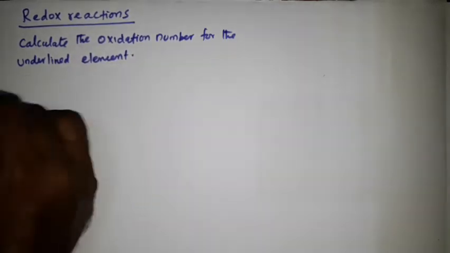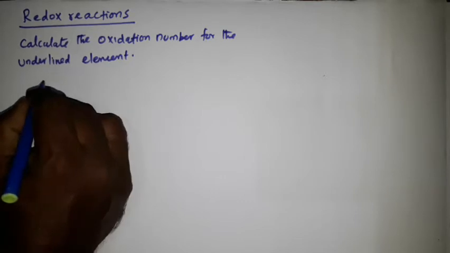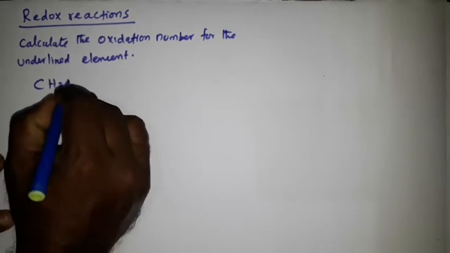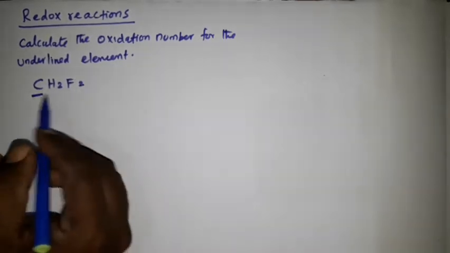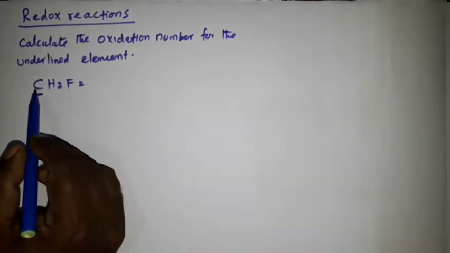Okay. See, now that compound is CH2F2, that underlined element is carbon. So calculate the oxidation number for carbon.